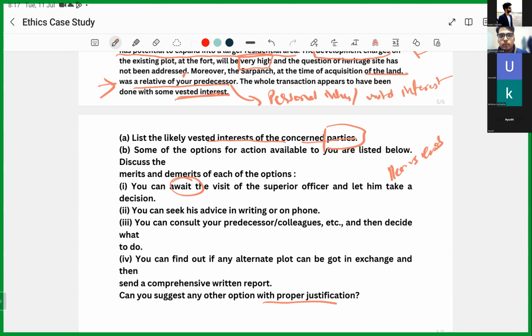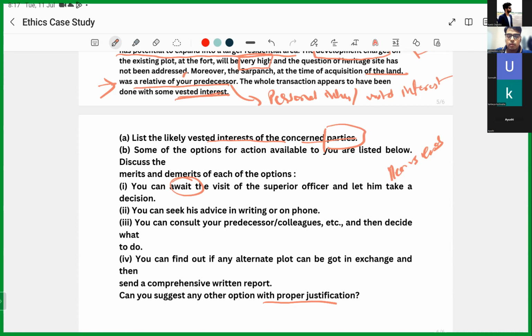Yes, Kanik. I have a doubt. Basically, in this whole case study, they have not outrightly mentioned that there is corruption going on, right? So, in our answer, in your demerits, you sometimes mentioned that we can avoid a huge case of corruption.